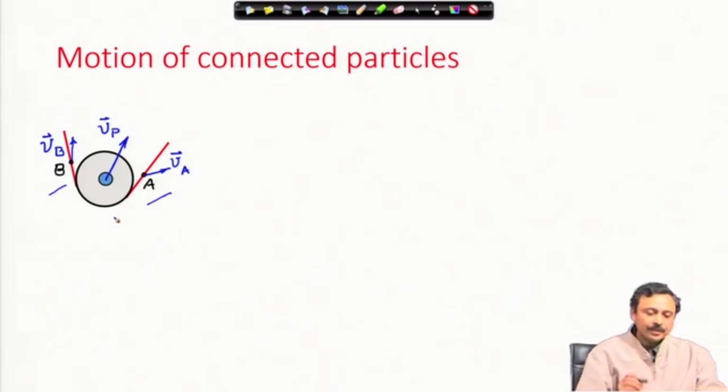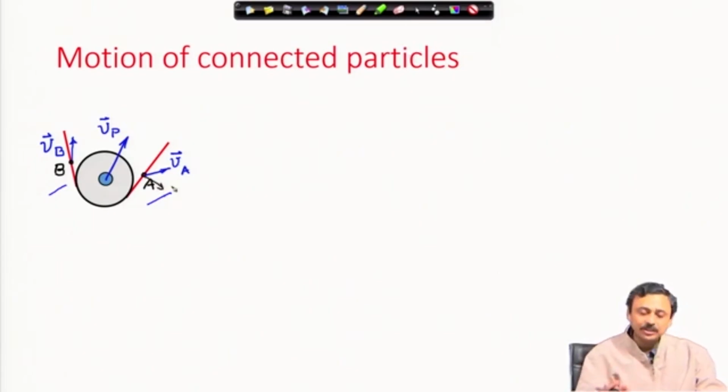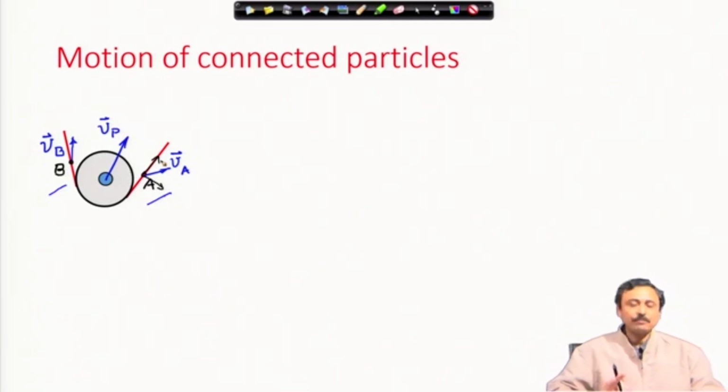Realize one thing, that because the string can unwrap on the pulley, you can have a velocity perpendicular to the string itself and a component which is along the string. So, velocity of A is composed of a velocity which is unwrapping the string on the right side, which is perpendicular to the string, and the other velocity is along the string, which means the string is moving on the pulley.